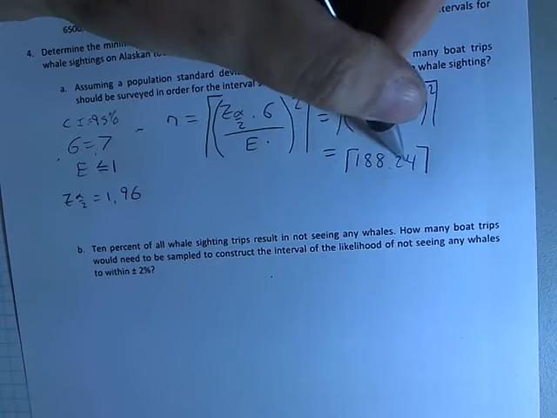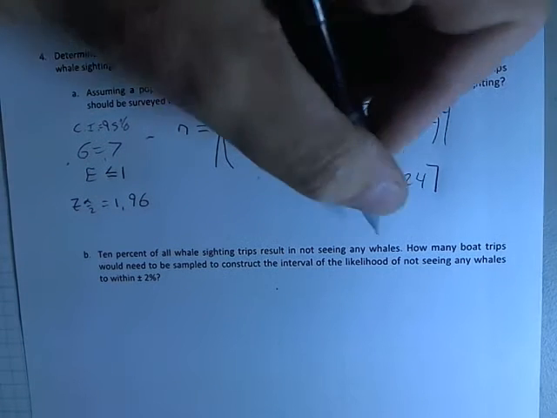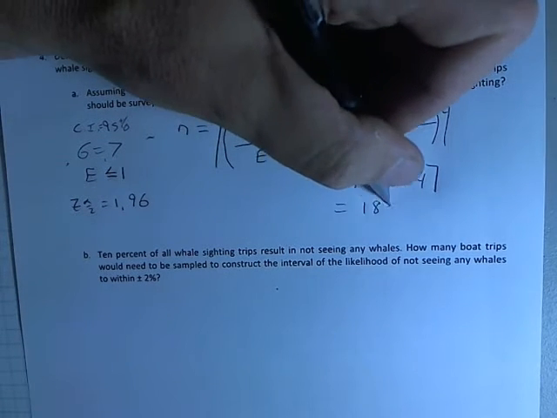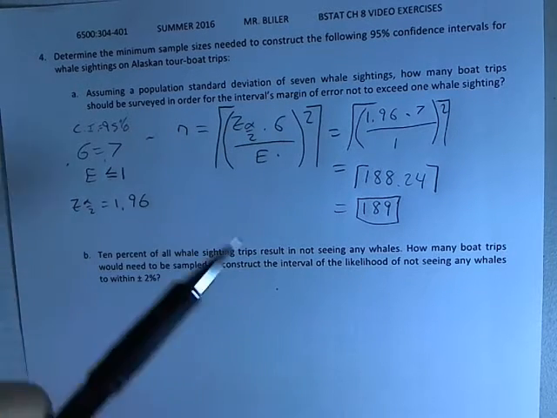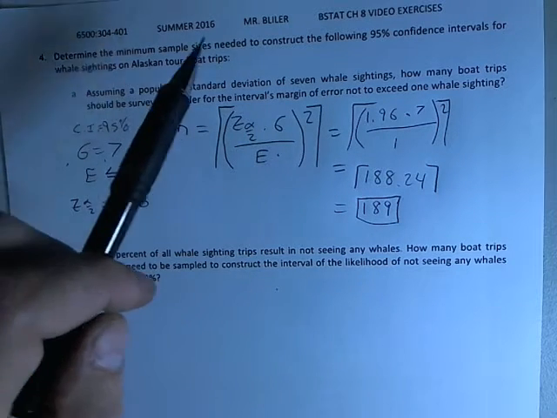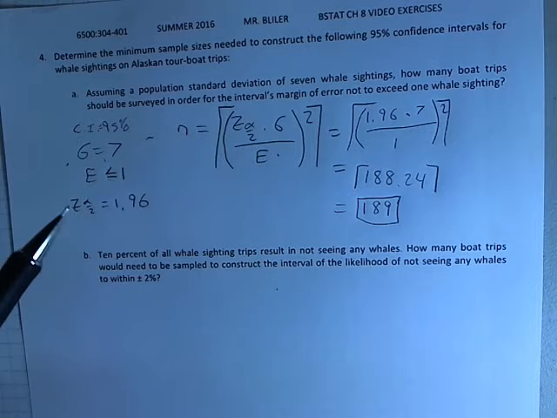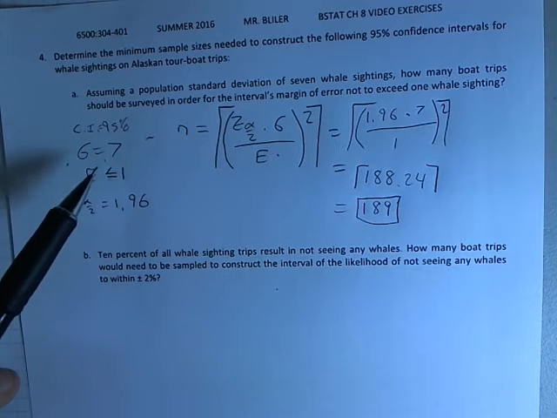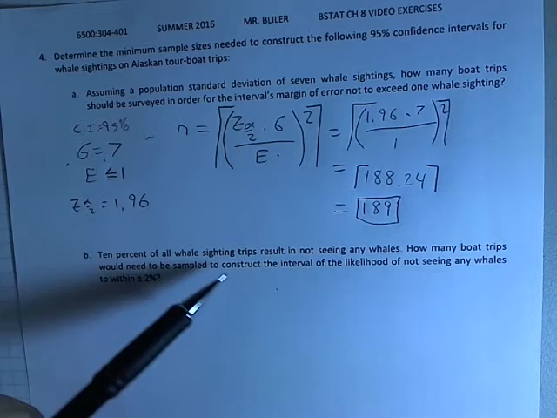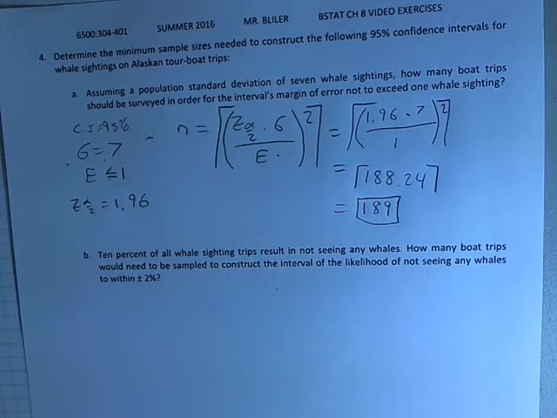And even though that would round down to 188, the ceiling operator says always round that up, and that gives us a final answer of 189 tour boat trips would be necessary to have a margin of error of a 95% confidence interval of no more than 1 whale sighting.